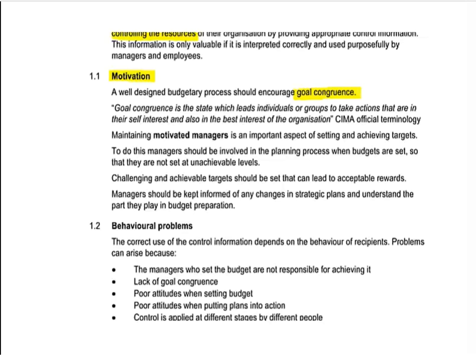Not motivated by self-interest, but actually making decisions that, yes, benefit them, but also benefit the wider company. And you can also see here that we've got the CIMA official terminology definition. So it's the state in which leads individuals or groups to take actions that are in their self-interest, but also, as I said, the best interest of the company.